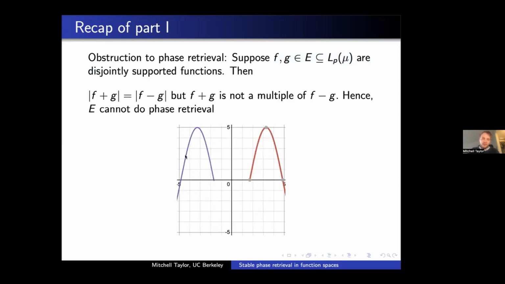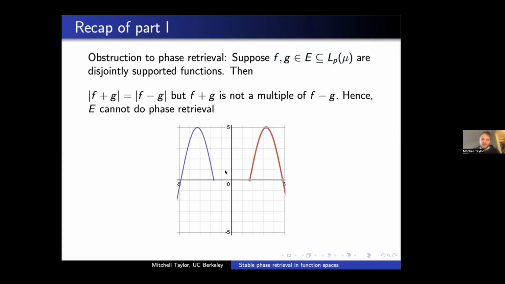So maybe the blue one is f and the red one is g. And let's say these two functions lie in my subspace. Well, then the sum of the functions lies in the subspace and the difference of the functions lies in the subspace. And I think we all agree that these will have the same magnitude, right? Because it's just flipping around the x-axis.